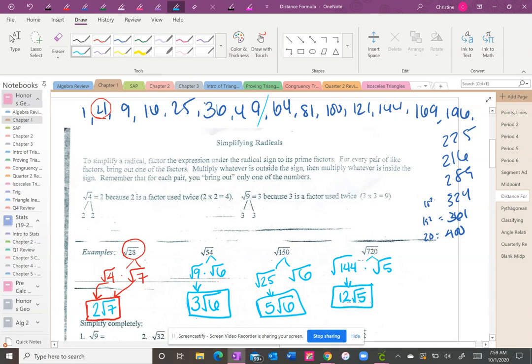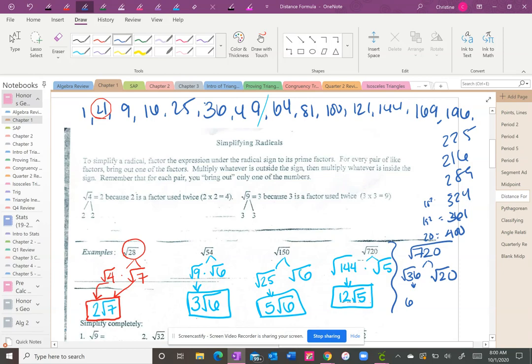Now, we know that this is the answer, but most of us, just like myself, are going to probably see a relationship between 720 and 36. And that's fine. 36 times 20 is 720. The square root of 36 is 6.